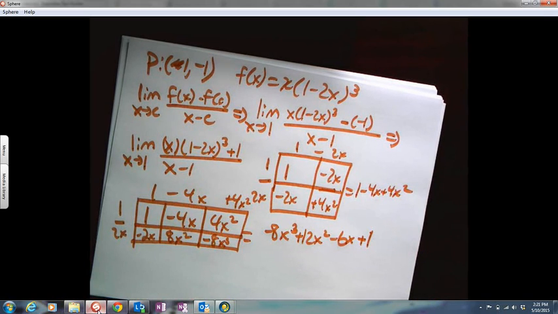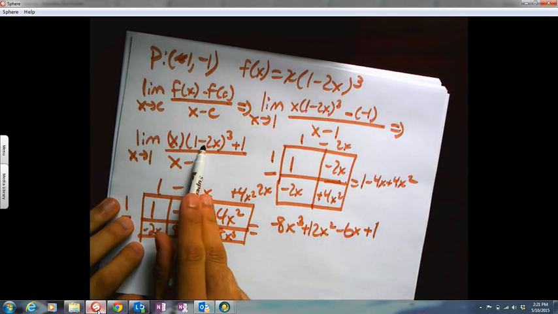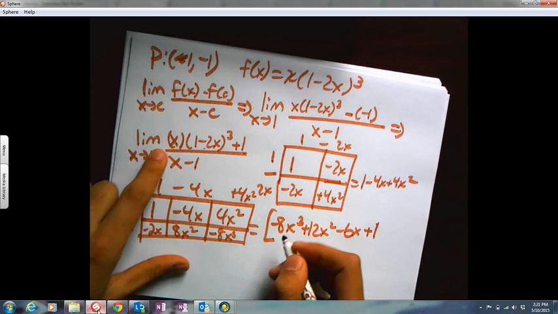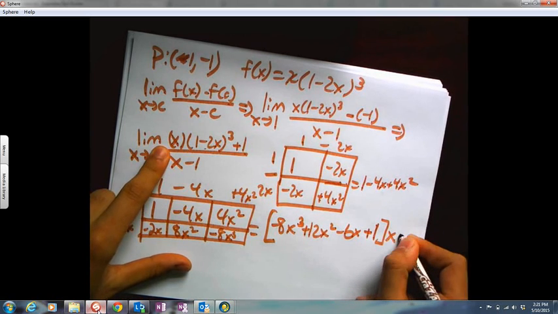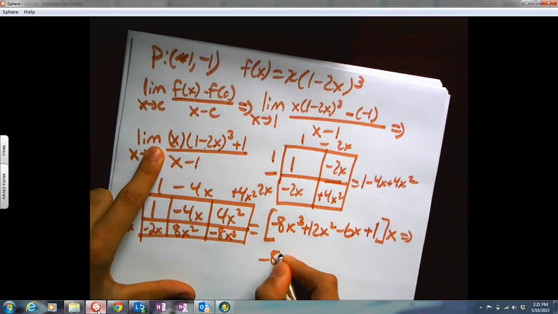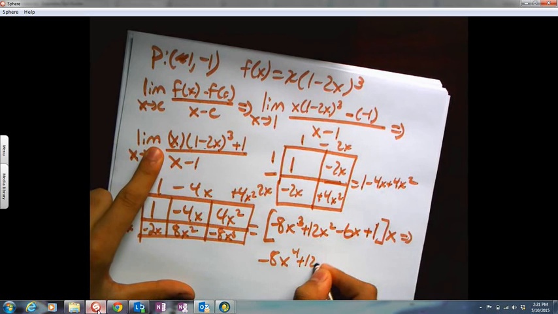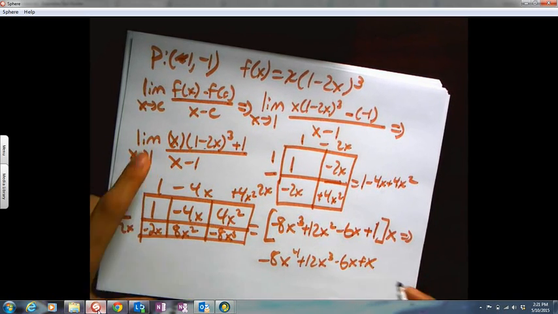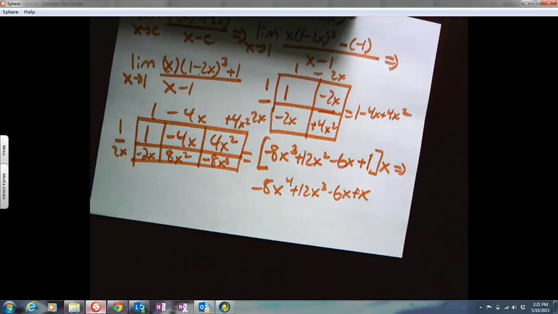Okay. So now that was just this part. Now you've got to multiply that whole thing by x. So we'll get -8x to the 4th plus 12x cubed minus 6x squared plus x. So let's see what we've got.